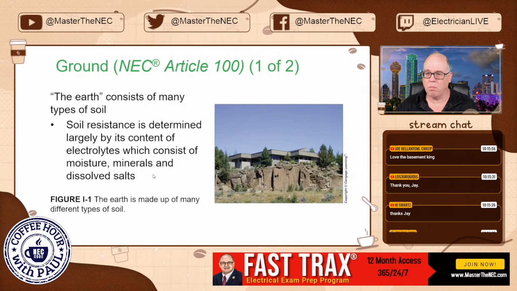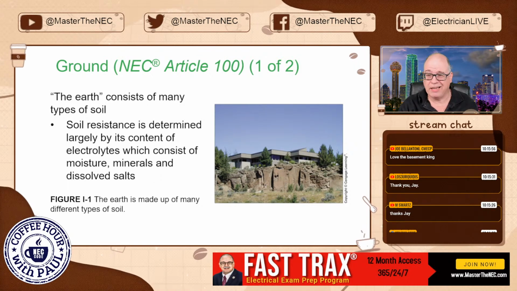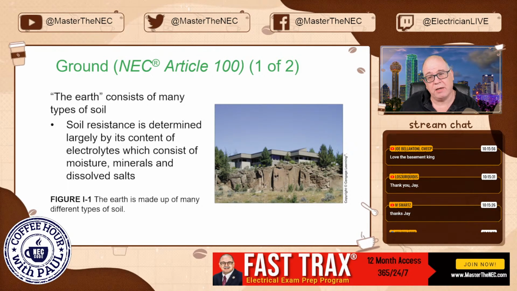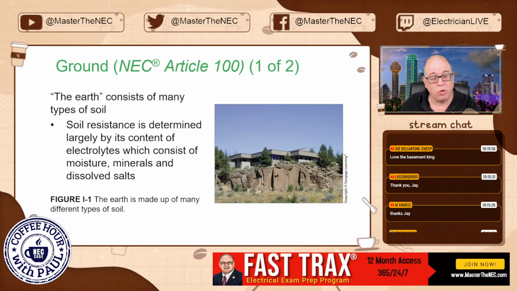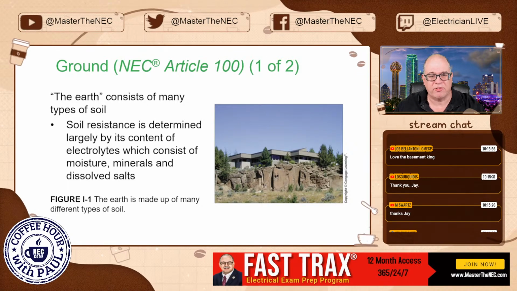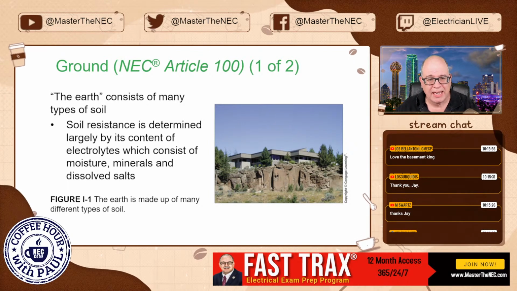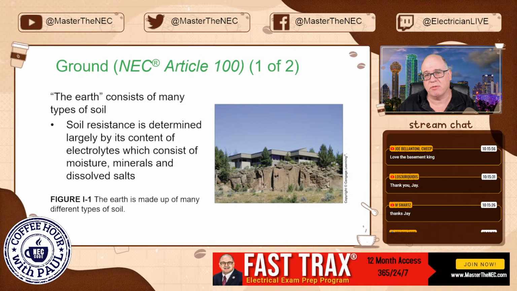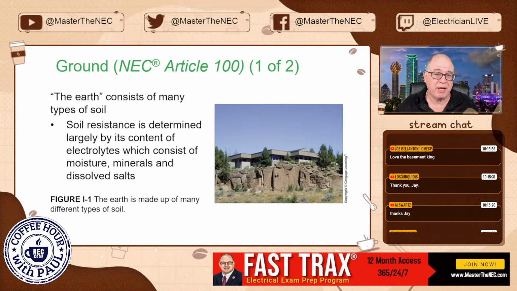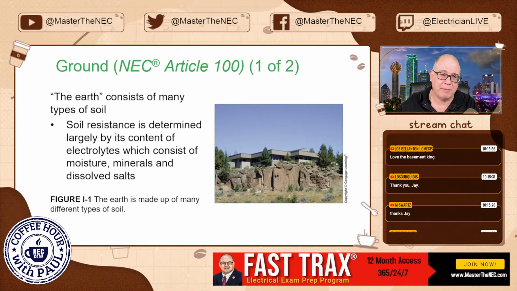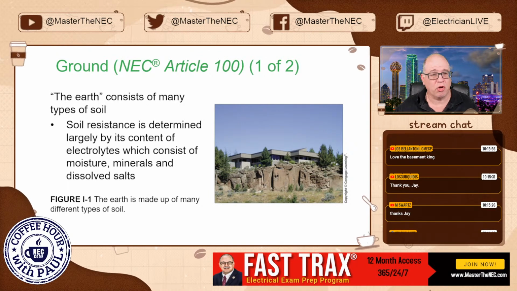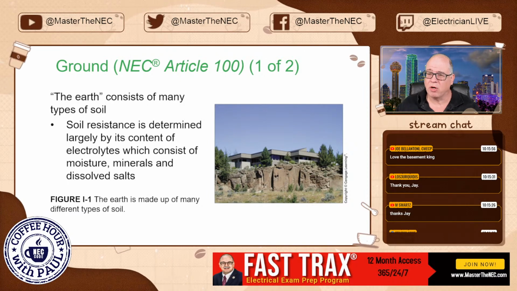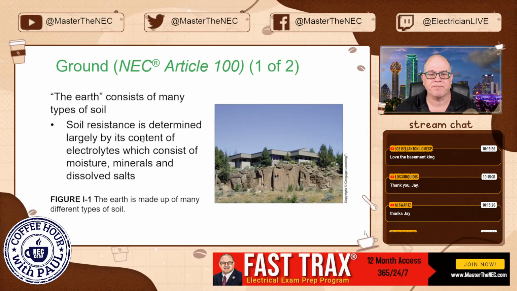You could be in Arizona where it's extremely dry soil, and you could be on the northern East Coast, where it is constantly damp or moist. Your electrodes are going to have a much better resistance value to earth where you have moisture. So again, the earth resistance will change, so keep in mind that depending on where you're at, it could be different.